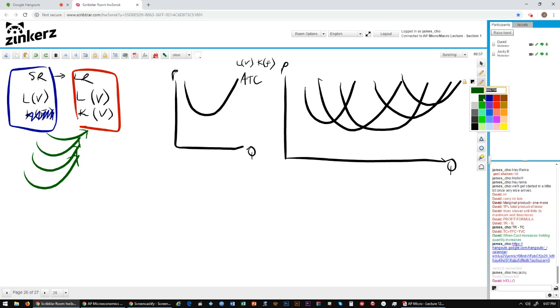Each one of those is going to have their separate ATC curve. But then what we're going to do is look at all of them together.